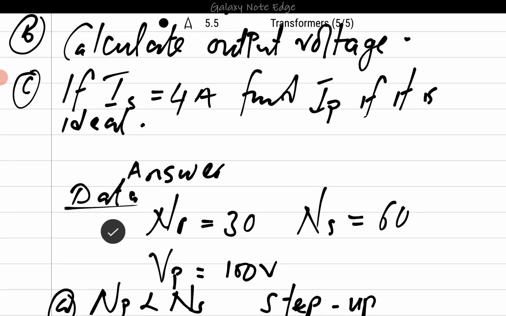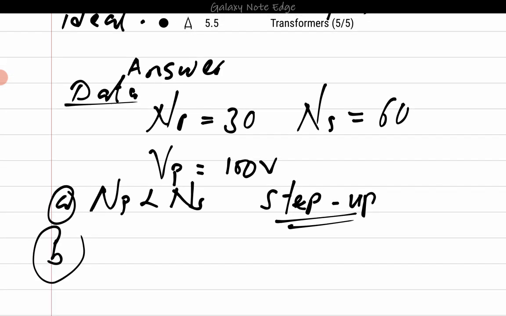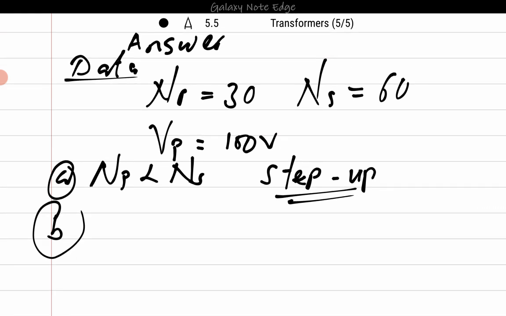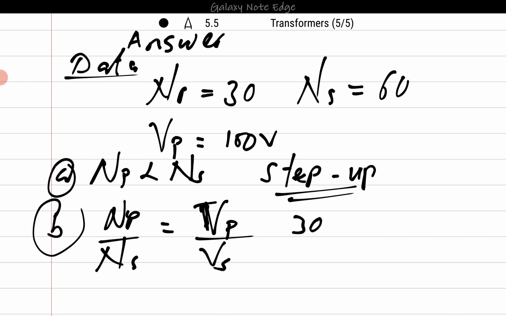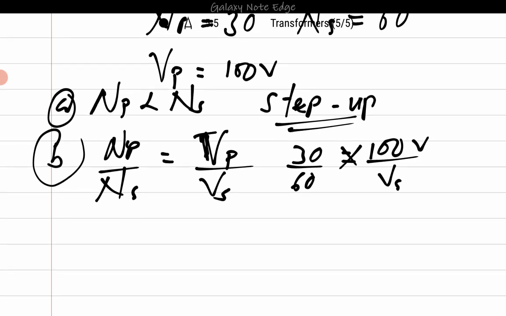Question B says calculate the output voltage. So we're going to say number of coils in the primary, according to one of the formulas we wrote down, divided by number of coils in the secondary is voltage in the primary divided by voltage in the secondary. So we have 30 divided by 60 is equal to 100 volts divided by voltage in the output, which is voltage in the secondary.